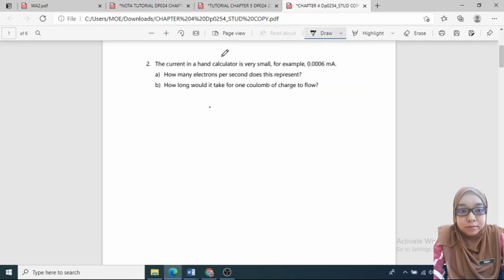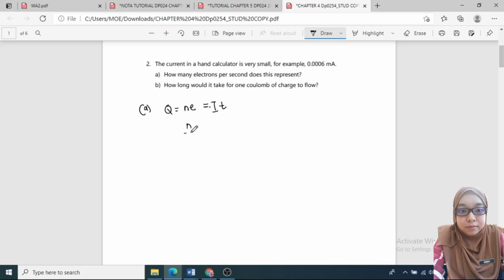The current in a hand calculator is very small, for example 0.006 milliampere. How many electrons per second does this represent? So part A, Q equal to NE equal to IT. So do you know how many electrons per second?